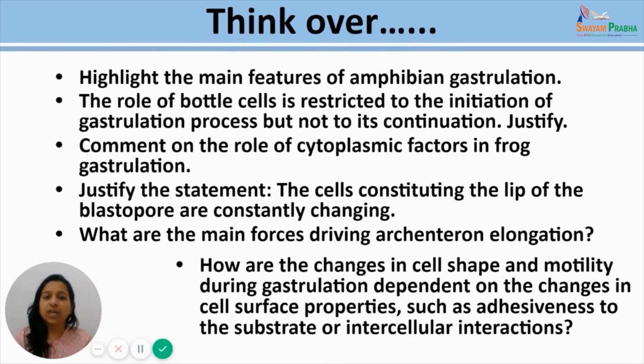So here you have to think of the changes in cell shape and motility that are occurring during gastrulation vis-a-vis the changes in the adhesiveness, whether some adhesion molecules were being produced at some time or some other intercellular interactions were taking place. So you have to derive an answer to this question on those lines.